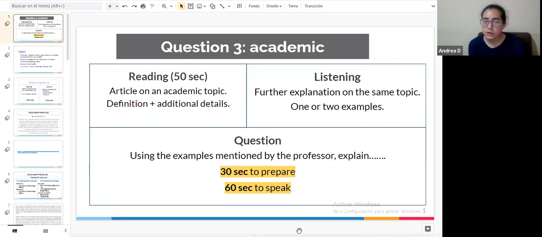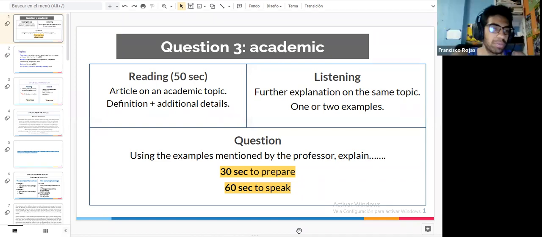Okay, guys. So today we're gonna continue working on the speaking section. Do you guys remember how many tasks we have in the speaking? Four.